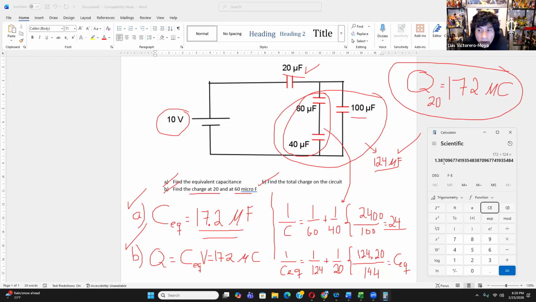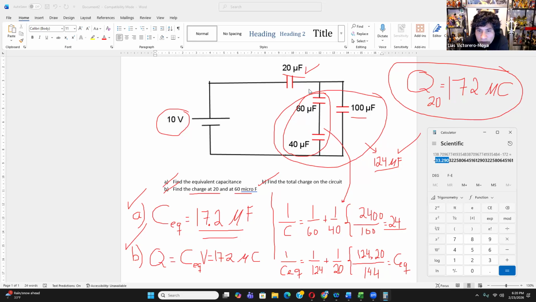Now, if I multiply the voltage times 100, that's the charge on 100, 138.7. So then I subtract 172 minus that number. This number, 33.29, is the charge through here.